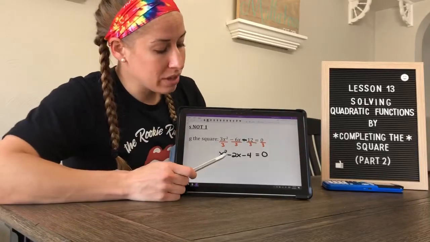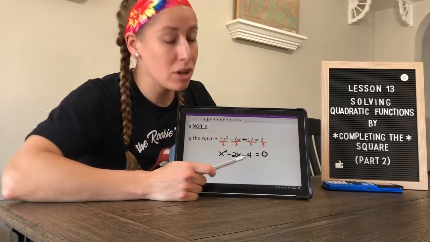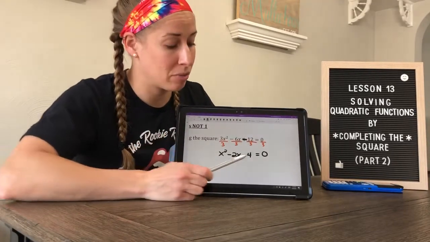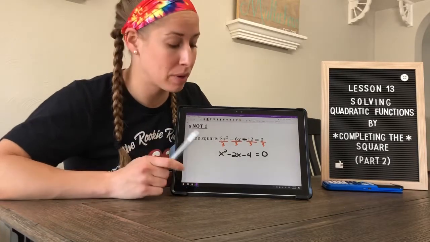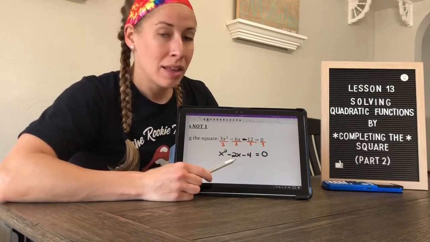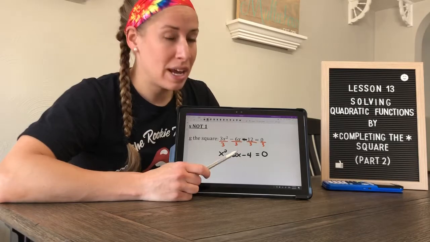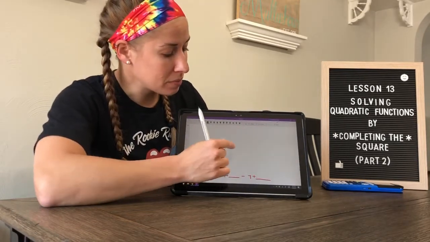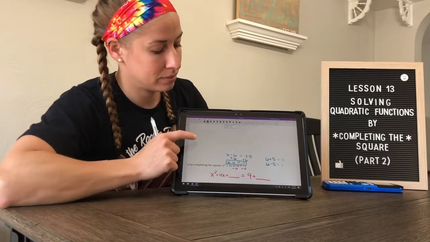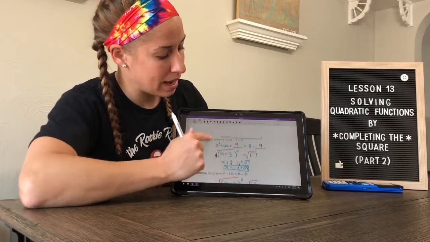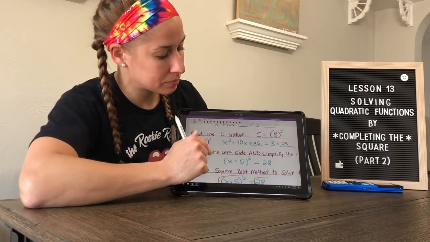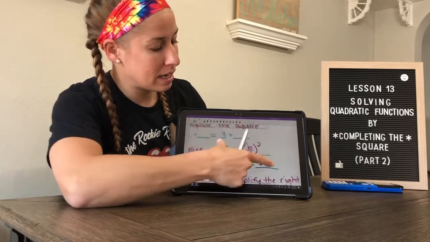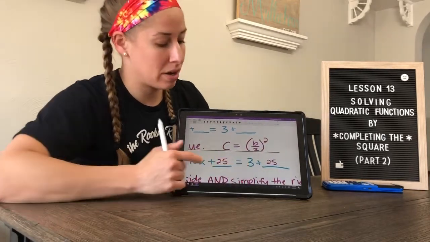If we look carefully, it looks like it is a perfect square trinomial. 4 is a perfect square, this is a perfect square, but remember that middle term: if you take half of b and square it, that was finding the c value. So c is half of b squared.